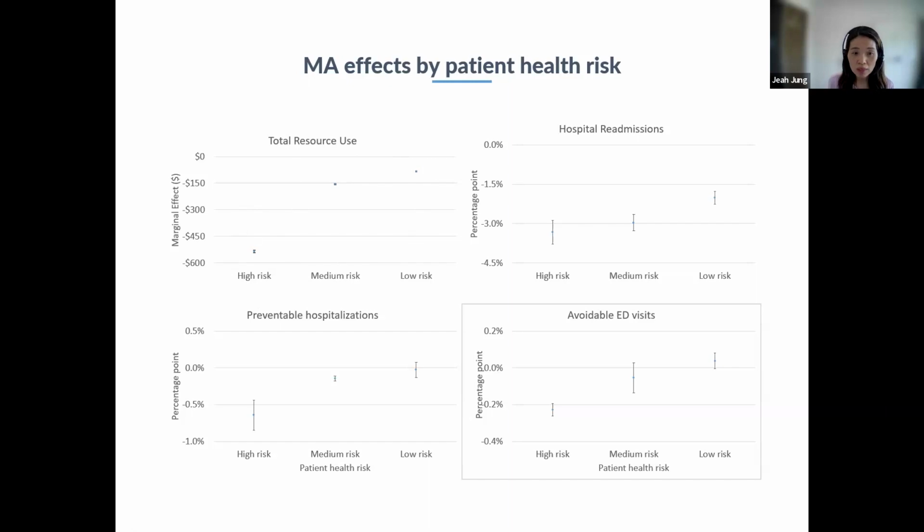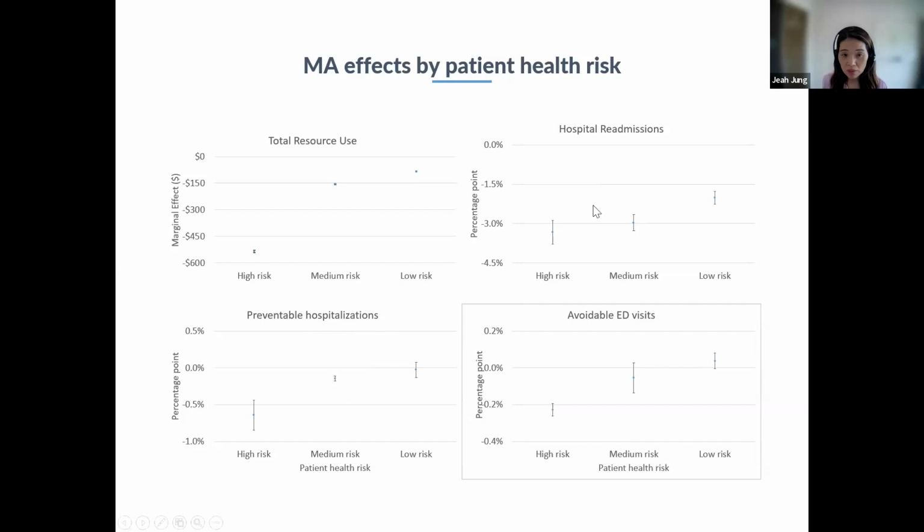So we wanted to look at the impact on quality. In other words, is the larger cost savings among high-risk patients coming at the cost of quality, sacrificing some quality of care? When we looked at hospital readmissions and all these adverse events, we found an even greater reduction in adverse events among higher-risk patients.